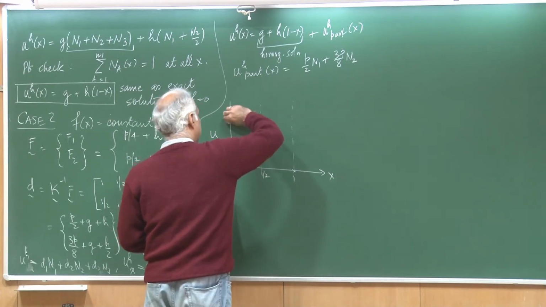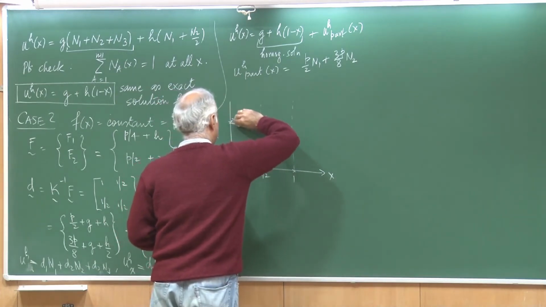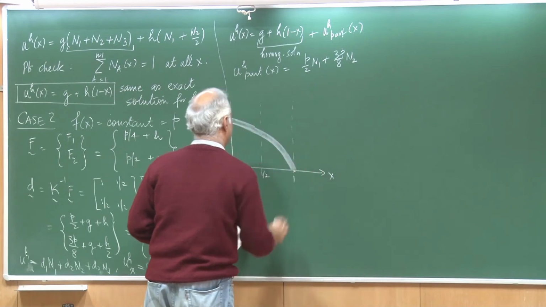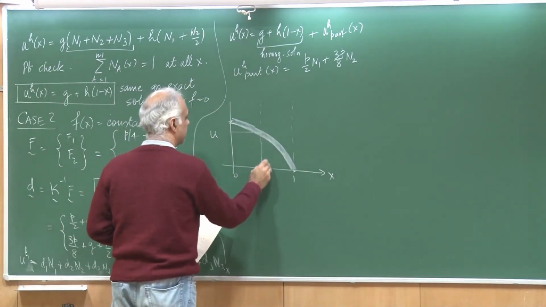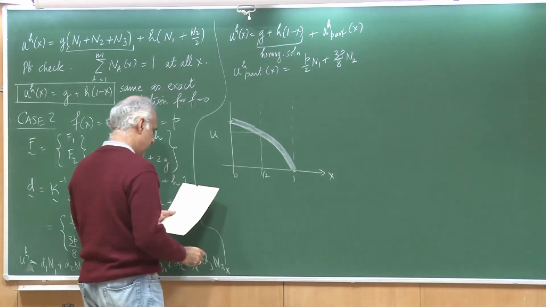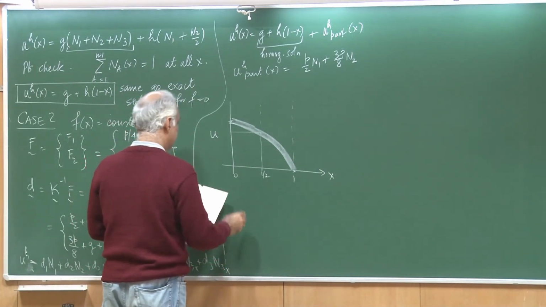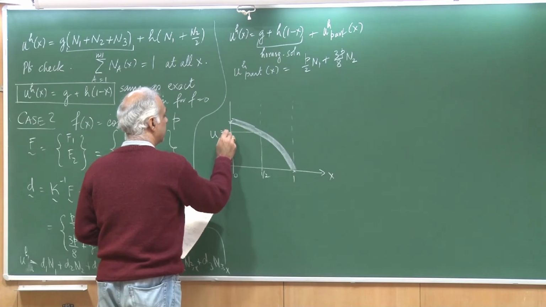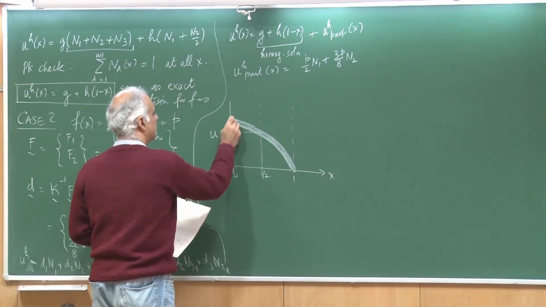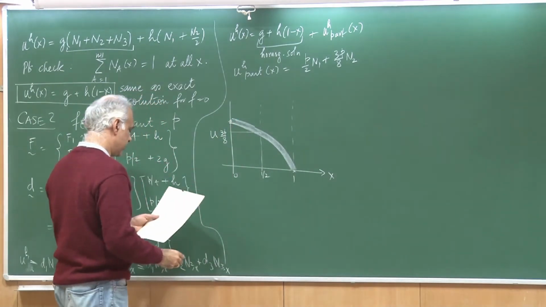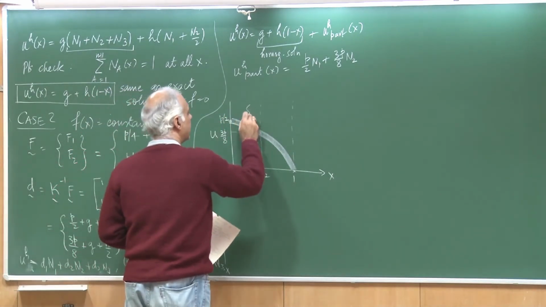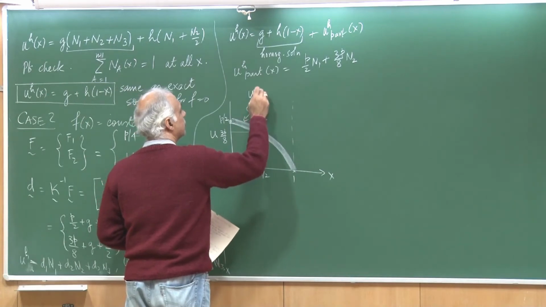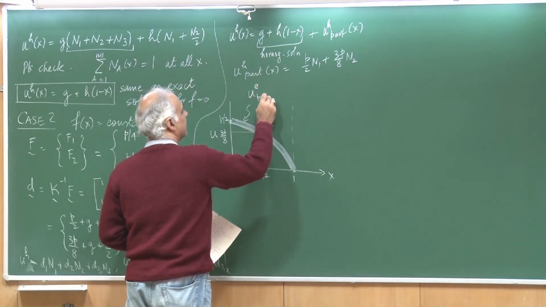So, it would look something like this. Okay. So, there is a part here at x equal to half, which is 3p by 8, and this part at x equal to 0 is given as p by 2. So, what I have drawn here is the u exact particular.